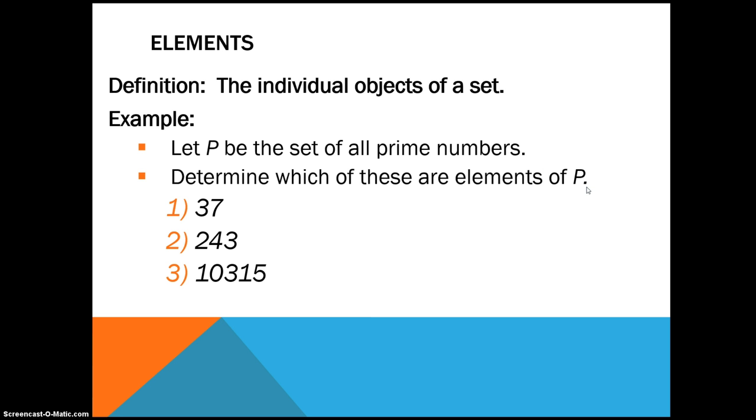So let's look at the number 37. 37 is a prime number because it only has two factors, one and itself. So the number 37 would be an element of the set P. How about 243? That one's kind of hard to figure out if that one's a prime number.